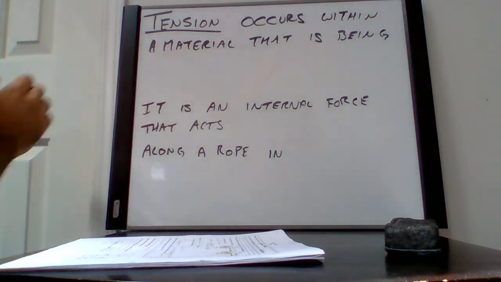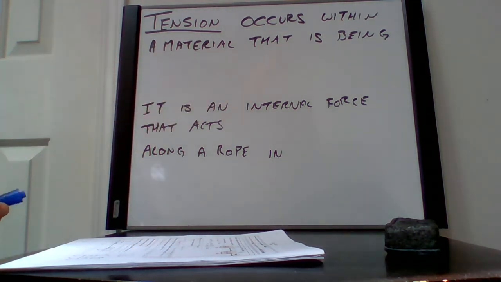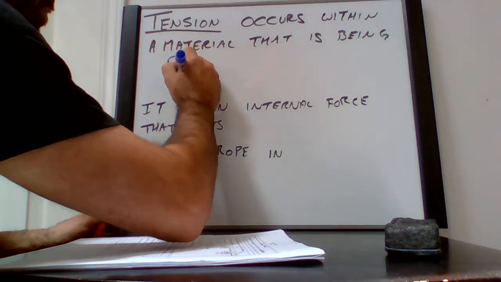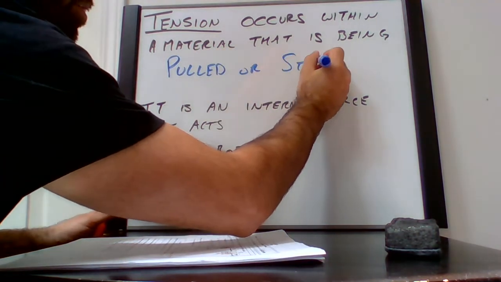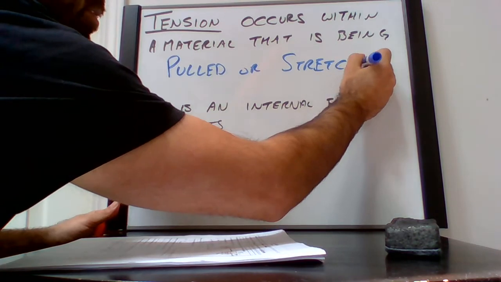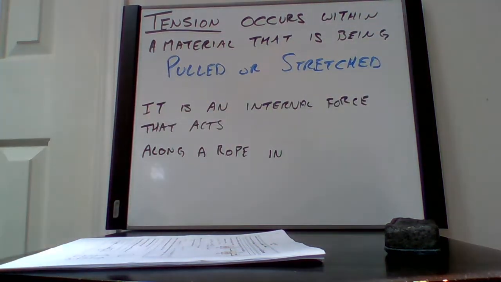Okay, so today we're going to talk about tension. Tension occurs within a material that is being either pulled or stretched. Anytime we've got some type of material that's being pulled or stretched, we're going to talk about tension.